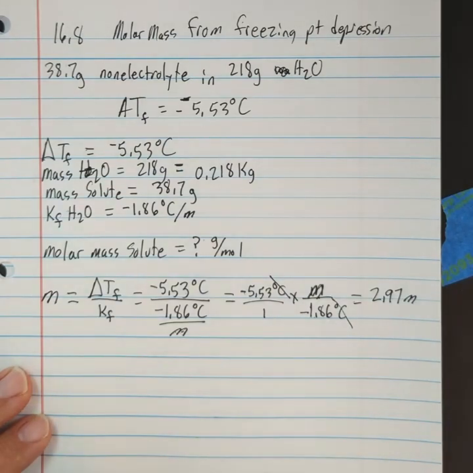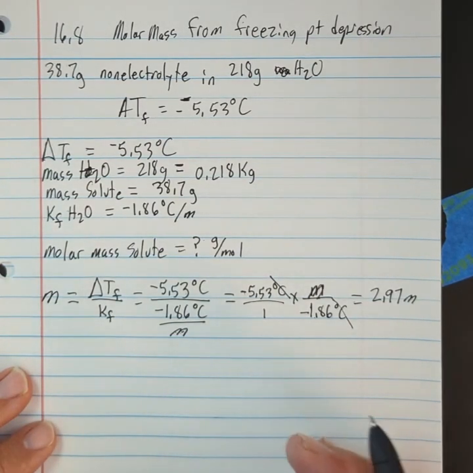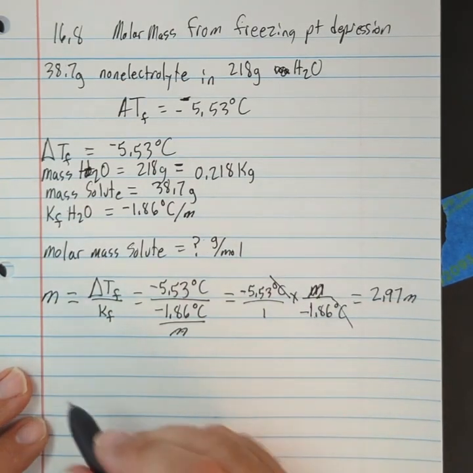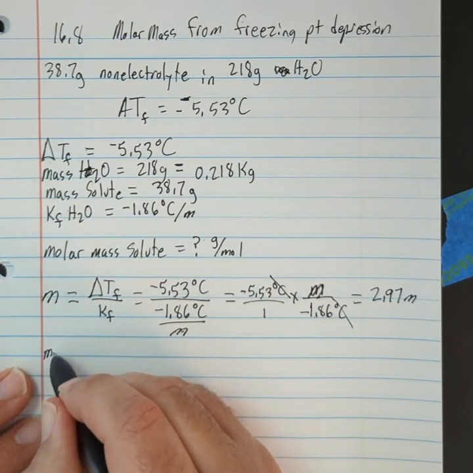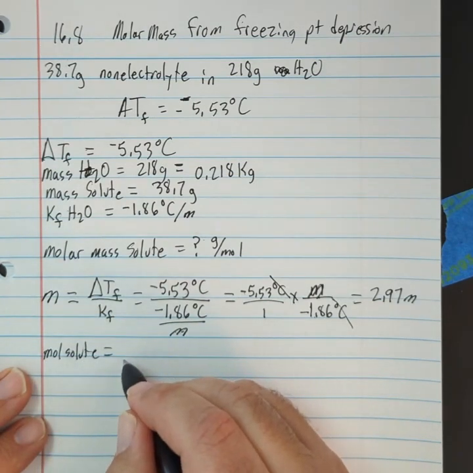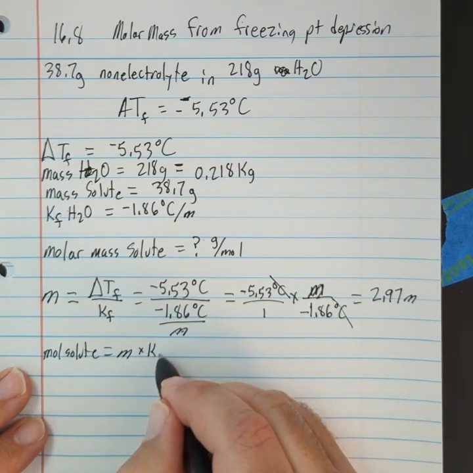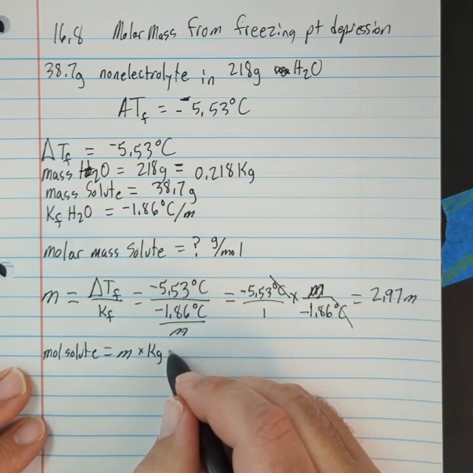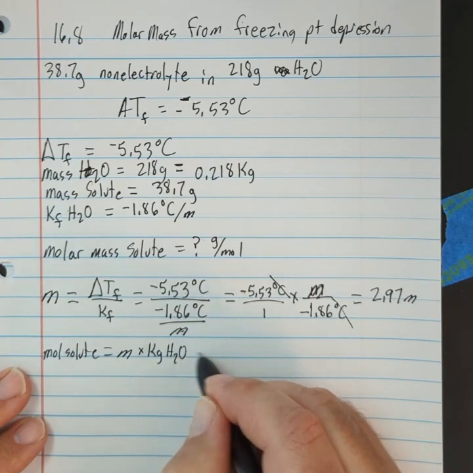Then we're going to use the molality equation to calculate the moles of the solute. Okay. So we know that the moles of the solute is equal to the molality times the kilograms of H2O.